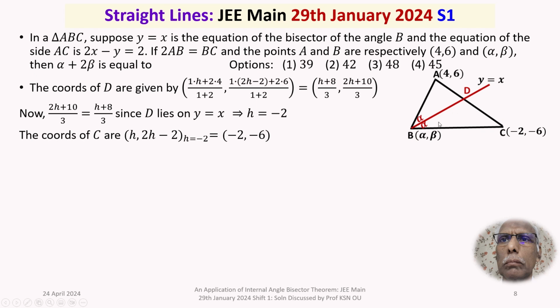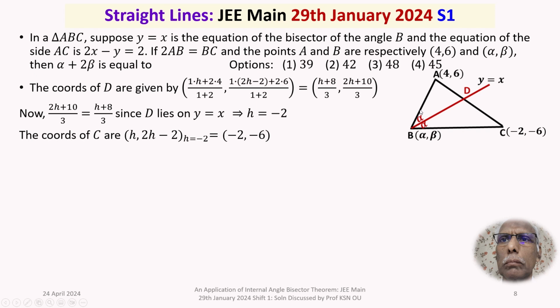That means y is equal to x is the angular bisector of the angle B, and 2AB is equal to BC. That means AB has less length than BC.